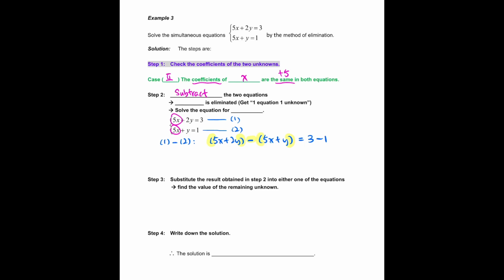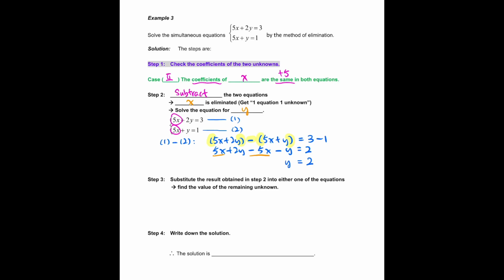And then for this case, after removing the brackets, the unknown x is eliminated, and then we will have one equation in one unknown y, and we can solve for y. For this case, 2y minus y equals y on the left-hand side. So y is equal to 2.